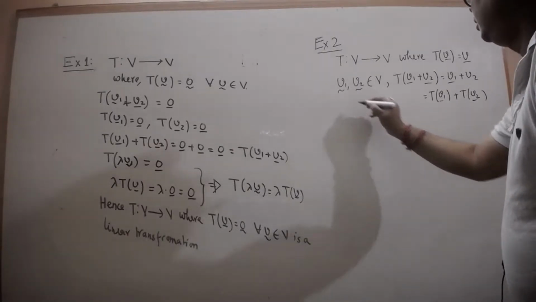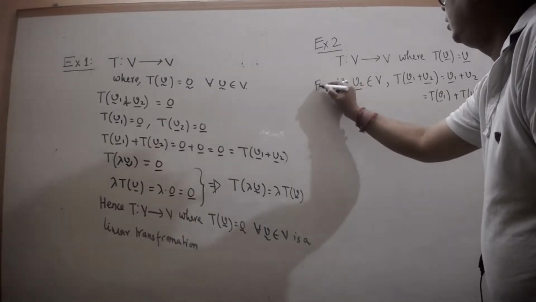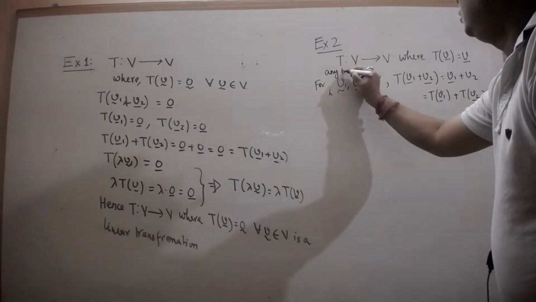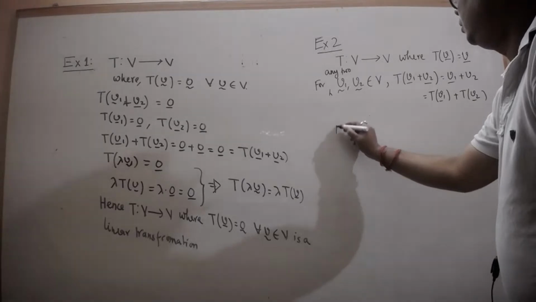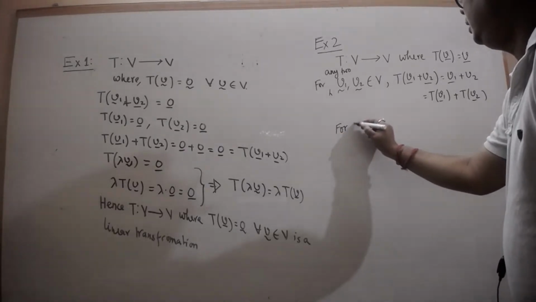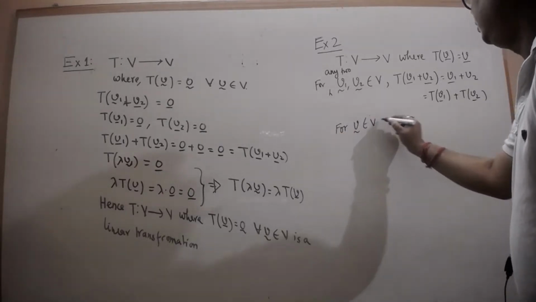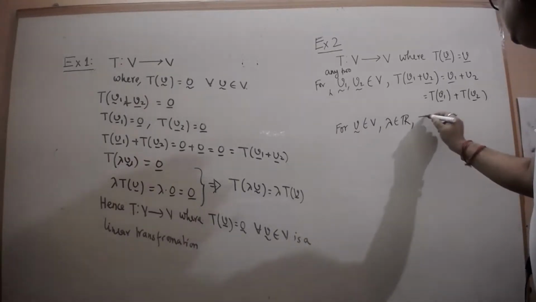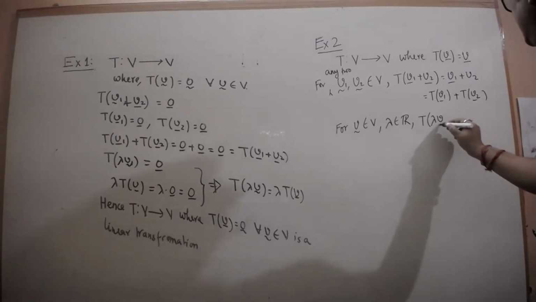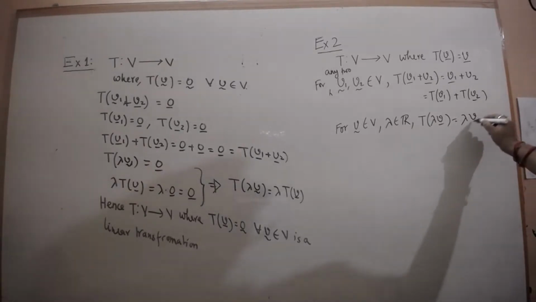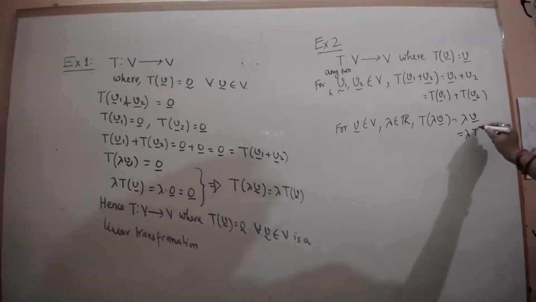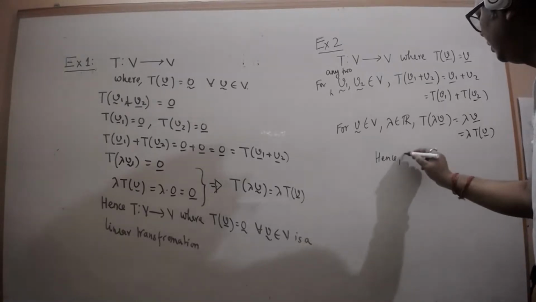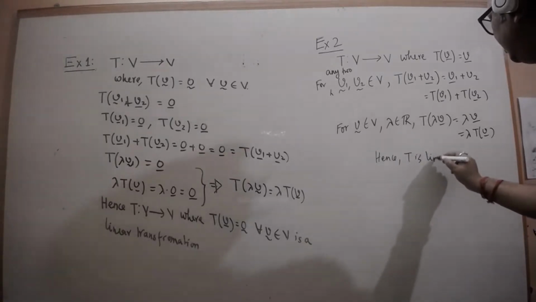Again, for any v curve belonging to V, lambda belonging to R, T(lambda v curve) gives lambda v curve, equal to lambda T(v curve). Hence, T is a linear transformation.